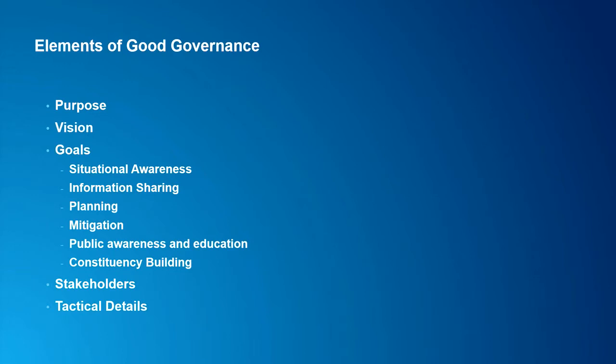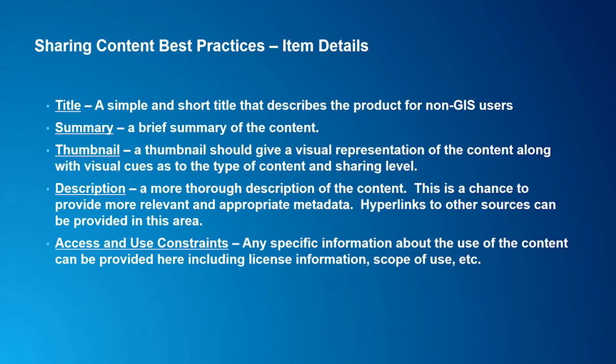From a tactical perspective, there are a couple of other things to consider, and this is a little bit more down in the details from a GIS perspective, thinking about properly filling out some of the item details inside your ArcGIS Online items. As the old phrase goes, don't duck metadata, and this is really some elements of that.